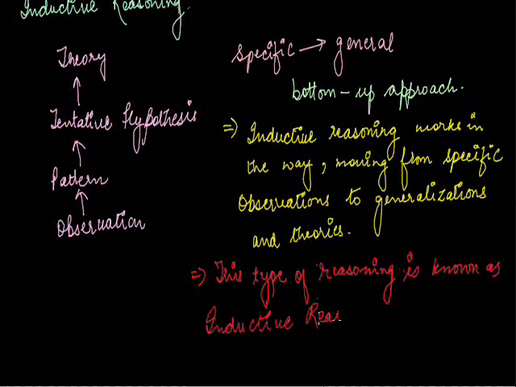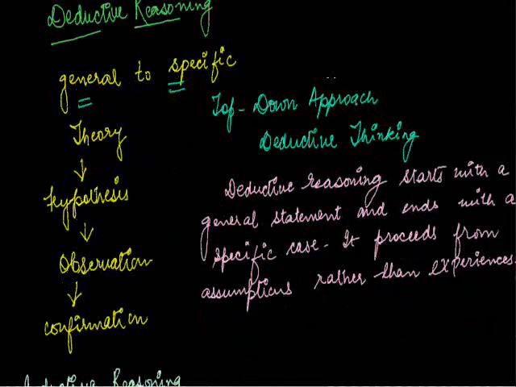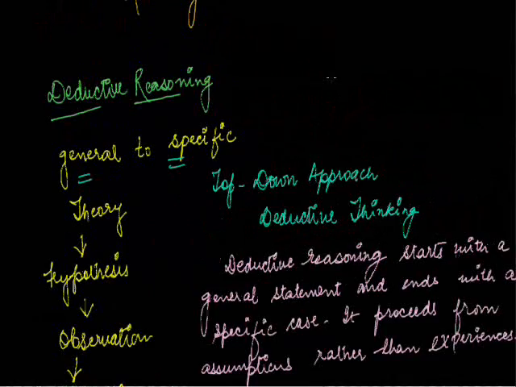So till now we had studied what we mean by deductive and inductive reasoning. In deductive reasoning, we are starting from general to specific. First we had some theory.